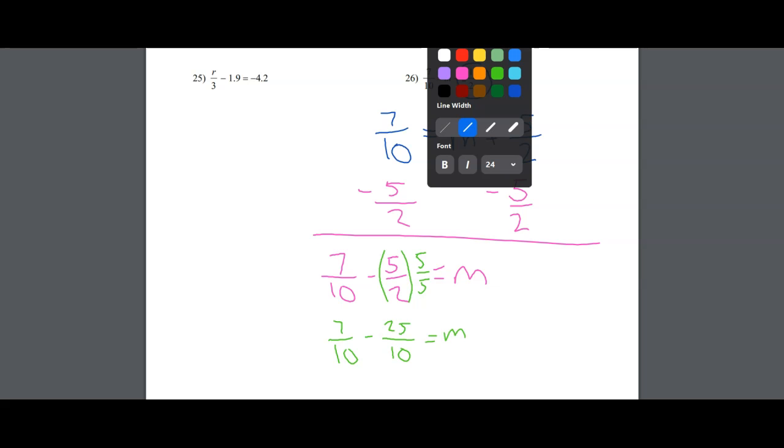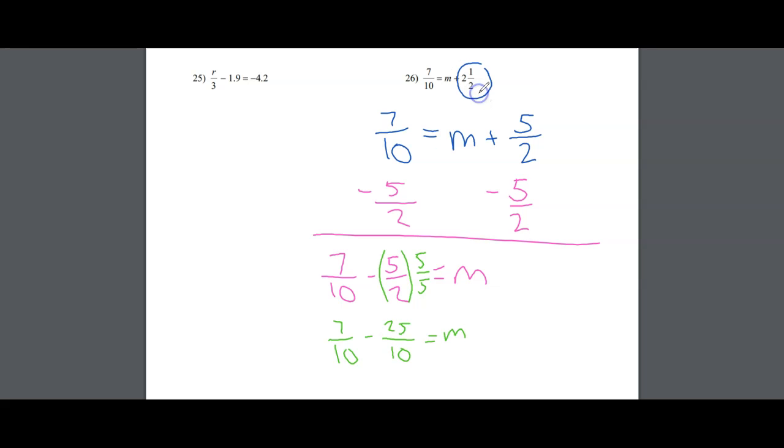And then I just subtract my numerators. So that's going to give me negative 18/10 is equal to m. And I could simplify negative 18/10 to negative 9/5. And that would be my answer right here.